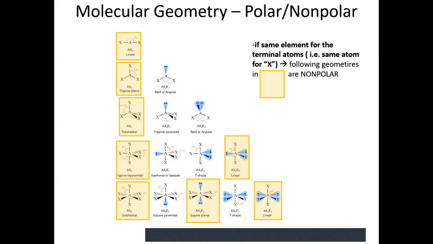So these eight geometries that I've highlighted in orange are nonpolar geometries when all the X's are the same. And so as you can see, all the geometries with no lone pairs are nonpolar. And then all the geometries labeled linear are nonpolar. The only oddball is square planar because the two lone pairs cancel each other out. It's nonpolar as well. So if you remember these, they will tell you which ones are nonpolar.